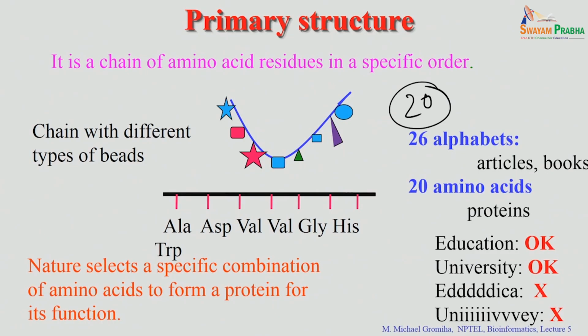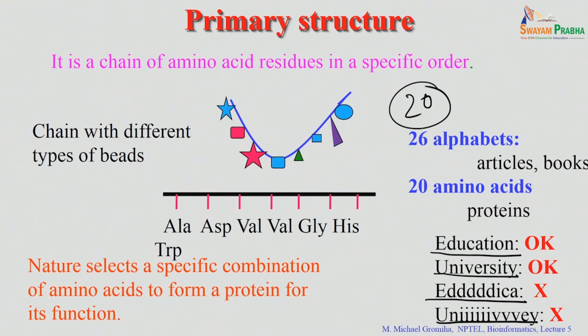In the case of these 26 alphabets in English, only some specific words are present in a dictionary. For example, education is present in the dictionary, and university is also present in the dictionary, but if you write something like this, it has no meaning. I put u, n and all these 4, 5, 6 i's and some v's, so it has no meaning, it is not available in the dictionary.